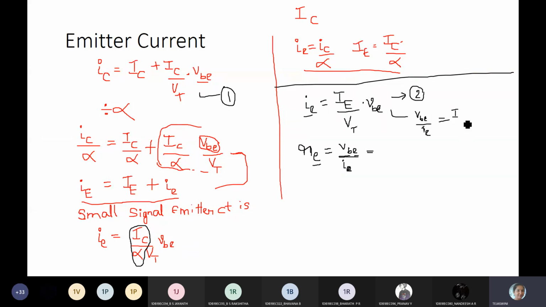IE by VT, or VT by IE? It is VT by IE. Therefore RE, the emitter resistance, is equal to VT by IE.